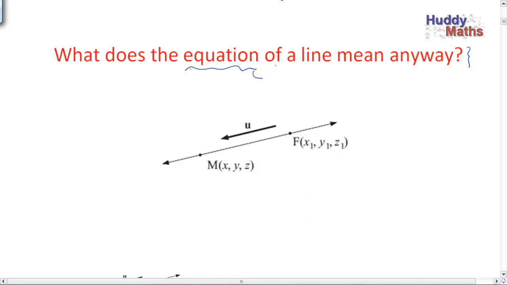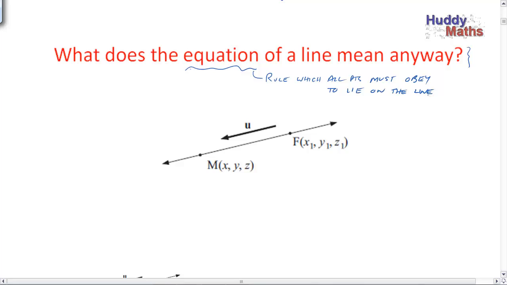So perhaps we'd see something simple as a rule which all points must obey to lie on that shape. All points must obey to lie on, in this case, the line. And we would extend that to any particular shape.